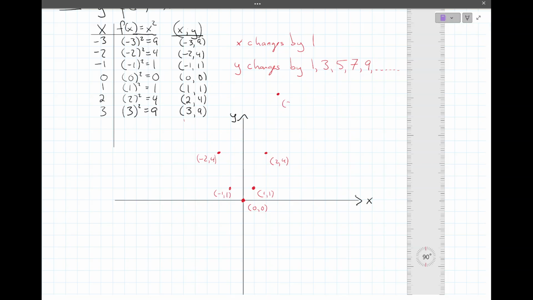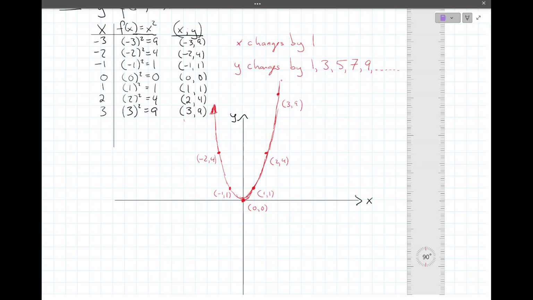This would be 3 and 9. And there was going to be some symmetry to get to negative 3 and 9. But I don't want to write over what we have there. But this will make this kind of bowl U shape there. And you can just use little lines to kind of get what you're doing.